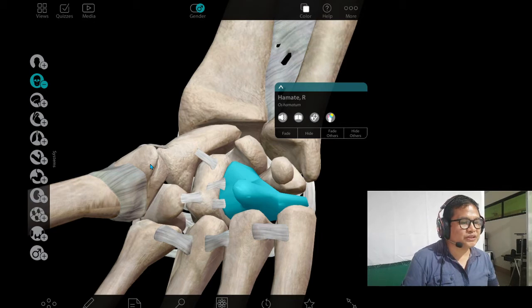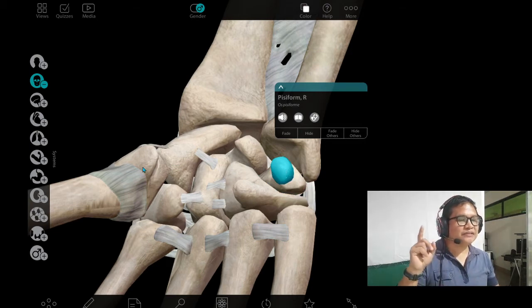Okay, so again, let's name them one by one. This is the scaphoid, your lunate, your triquetral, pisiform, that is for the proximal row, and for the distal row you have your trapezium, trapezoid, capitate, and hamate.